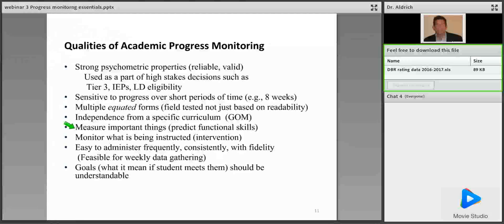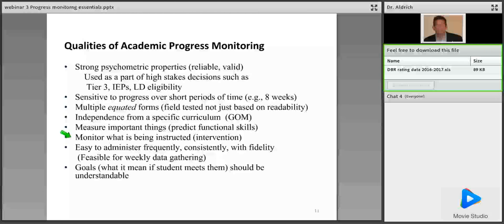They need to measure important things. They predict functional skills. Your progress monitoring should, and we'll talk about that. It's important that they monitor what's being instructed. I'm going to be kind of ridiculous now: we wouldn't use a math progress monitoring when we're measuring a reading intervention.